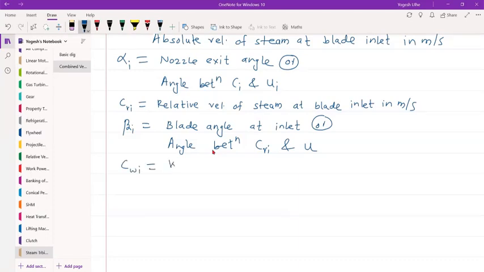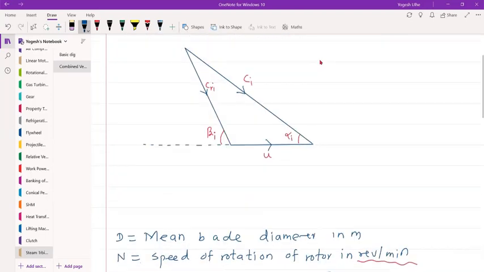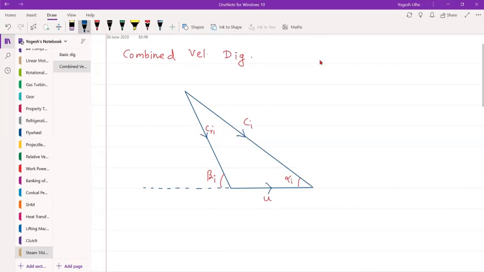CWI means whirl velocity at blade inlet in meter per second. Now guys, what is this whirl velocity? Everyone, try to see my point. This discussion is quite important to us.